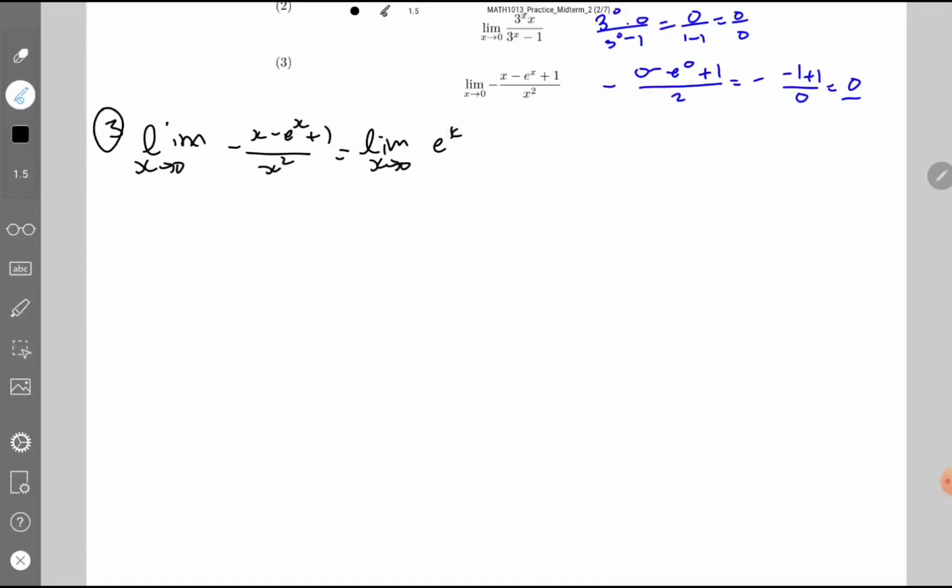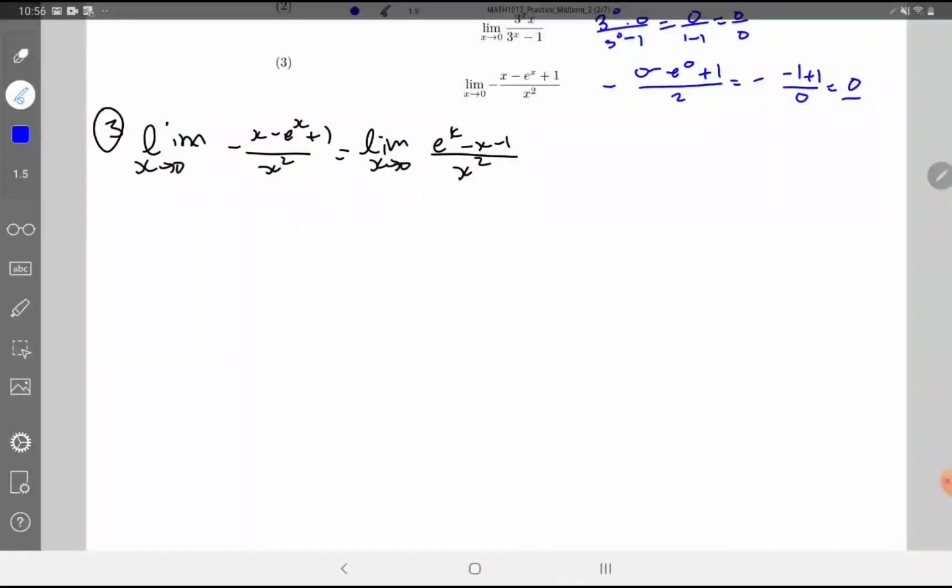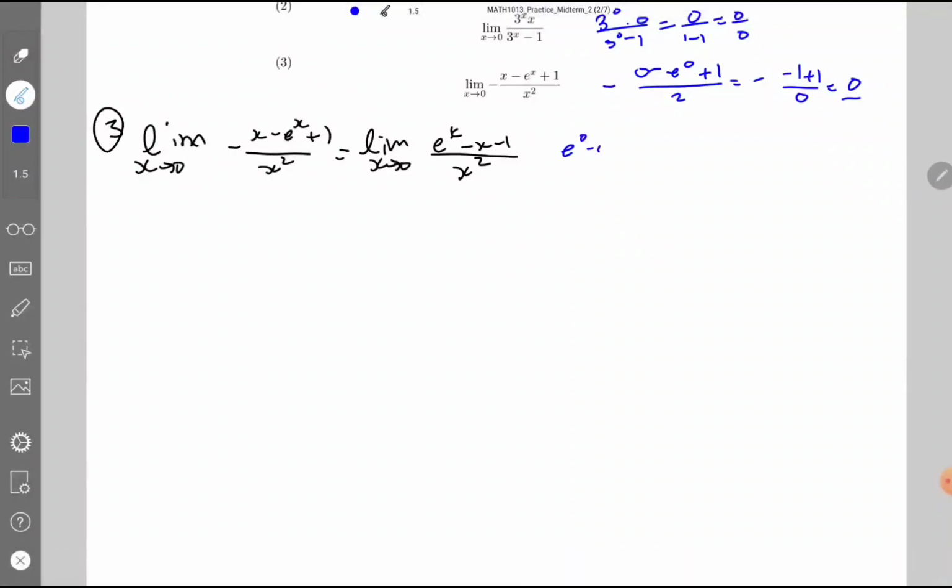So I have my e to the x minus 1. So let's plug things in. Plugging in here, I get e to the 0 minus 1 over 0 squared. So I get 1 minus 1 over 0. This is just 0 over 0.